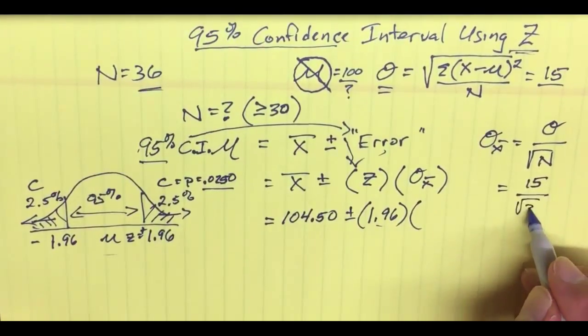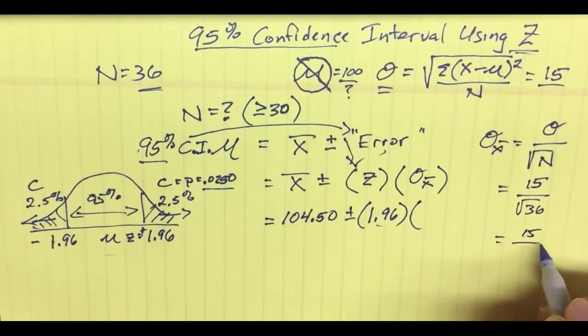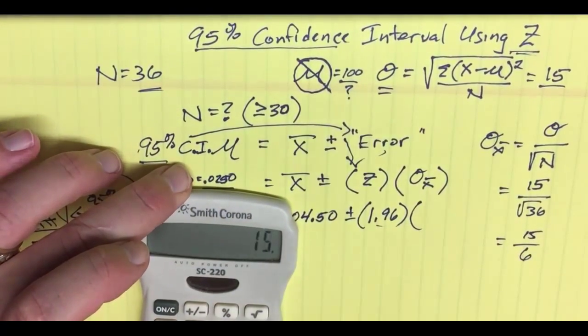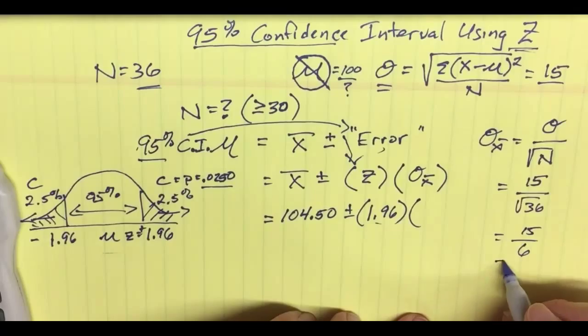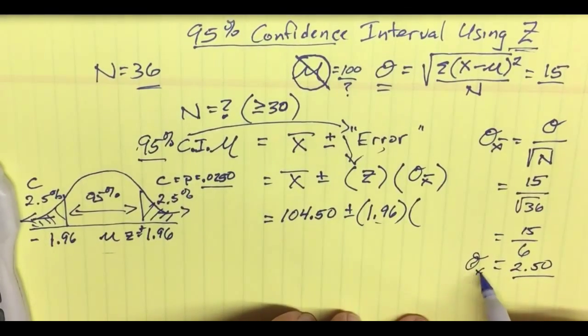So I'm taking the square root of 36, which is 6, right? So I'm going to calculate 15 divided by 6, which is 2.5. Okay, this equals 2.50, my standard error.